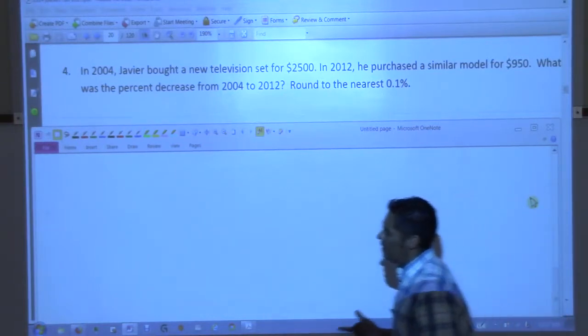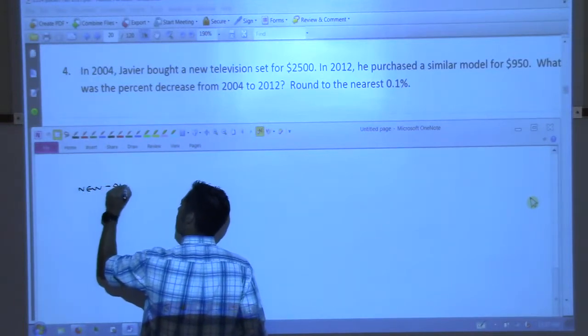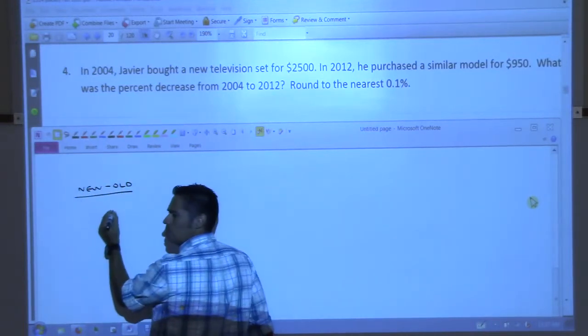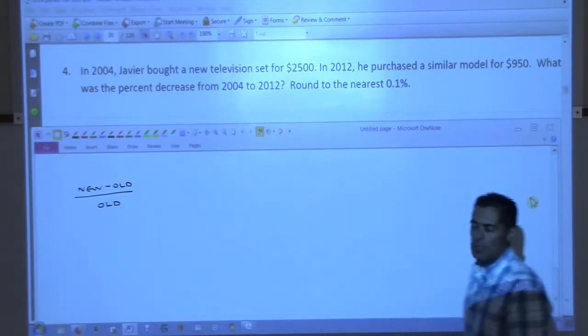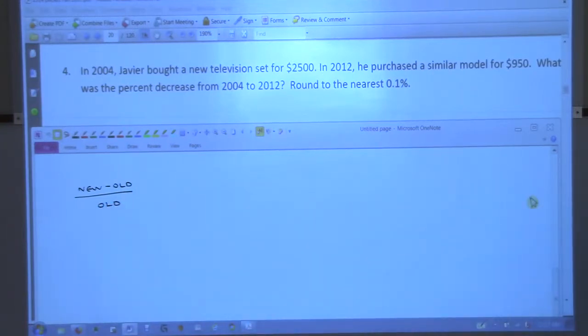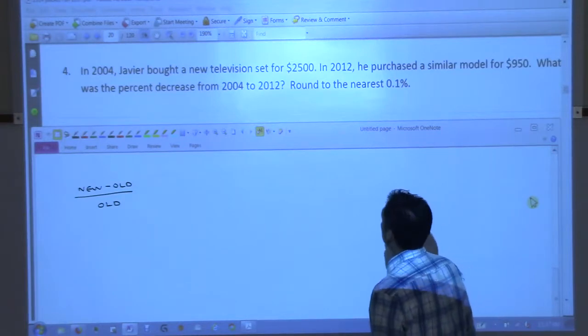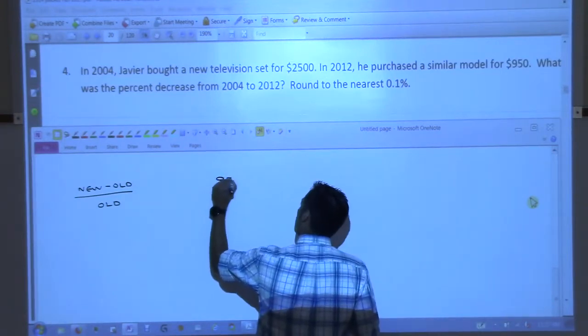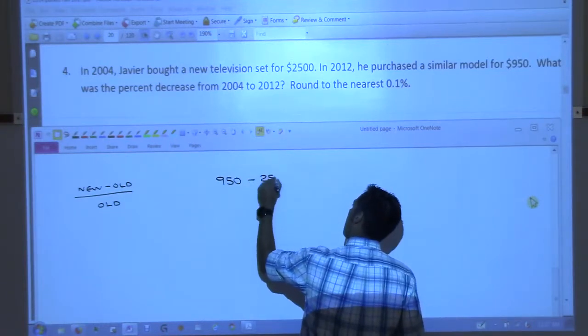Now, we had a formula for that, and the formula that we had was the new minus old over old. You always do new minus old over old. So we want to take the new price, subtract the old price, divide by the old price. So what's the new price? $950. We want to subtract from that the old price, which was $2,500.